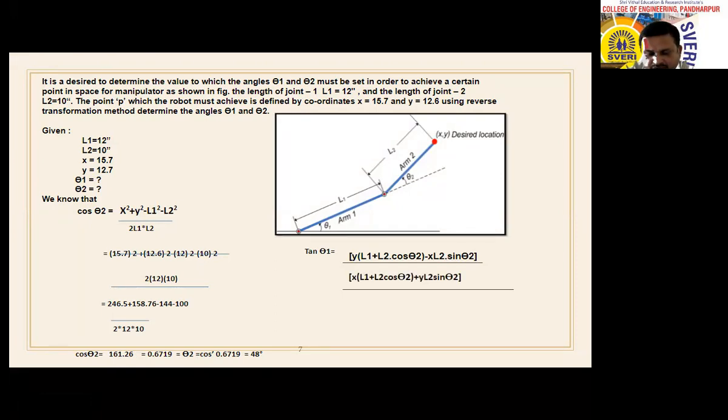Now tan theta 1 is equal to (y into (L1 plus L2 cos theta 2) minus x L2 sin theta 2) divided by (x into (L1 plus L2 cos theta 2) plus y into L2 sin theta 2).